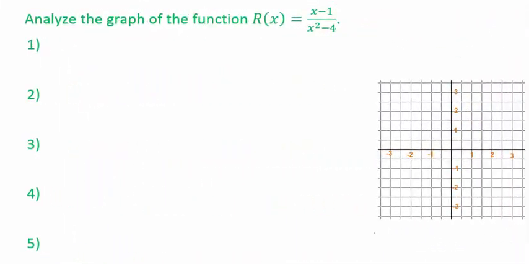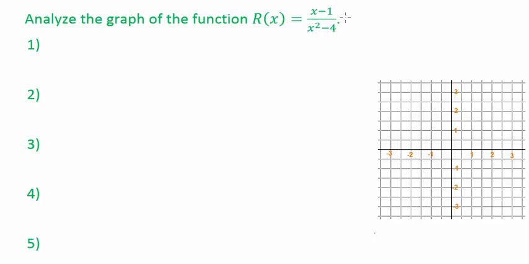So for this problem, we are going to analyze the graph of the function r of x is equal to x minus 1 over x squared minus 4. We're going to follow the same 5 steps I just outlined, and as we go through each step, we're going to put what we know onto the graph to the right. First, we need to reduce r of x into lowest terms.